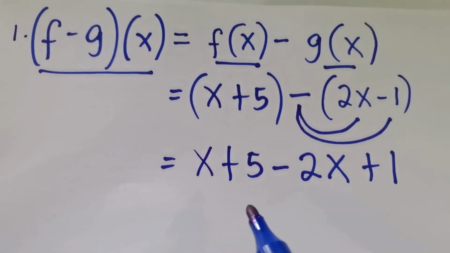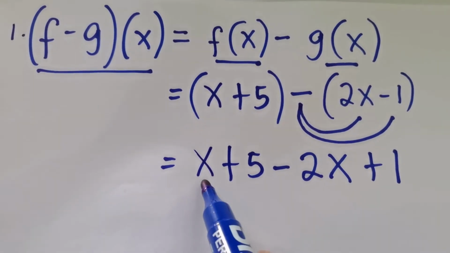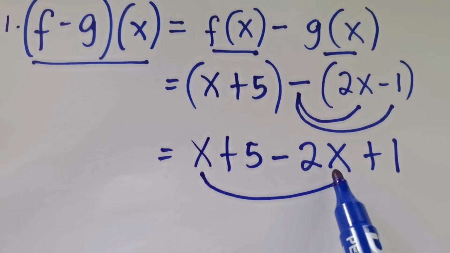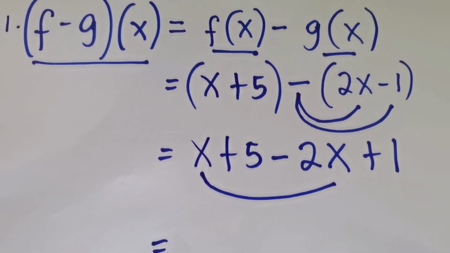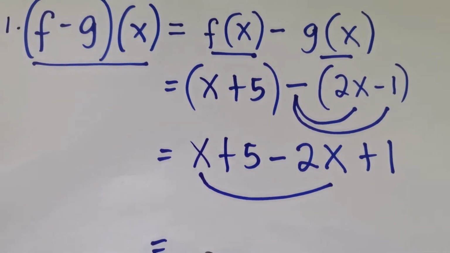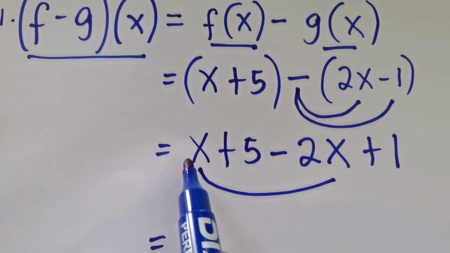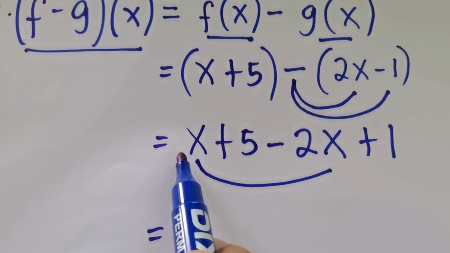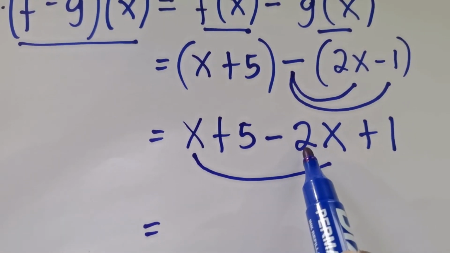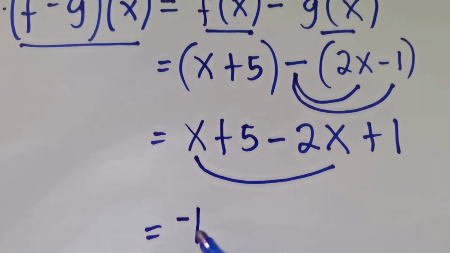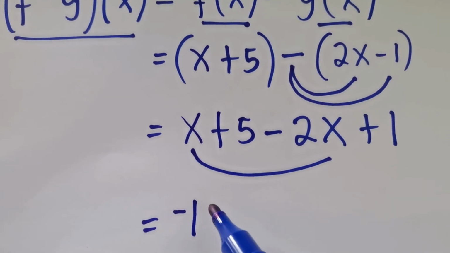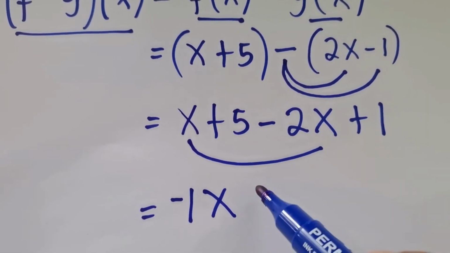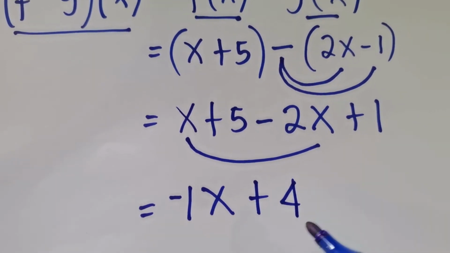Okay? Now, combine like terms, x minus 2x. Again, the numerical coefficient of x is 1. So, 1 minus 2, that is negative 1. Copy x. 5 plus 1, that is 4.